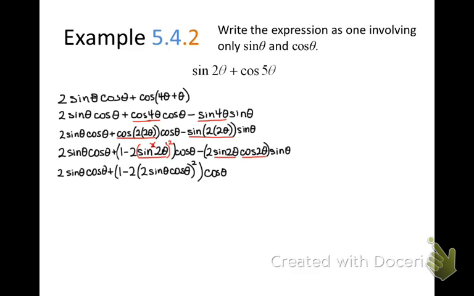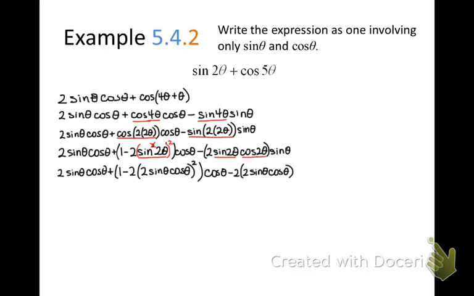All right, minus, I've got 2 times, I need to apply my double angle to this sine of 2 theta right here, which is going to be 2 sine of theta cosine of theta. Okay, and then I need to apply a double angle to this cosine of 2 theta.